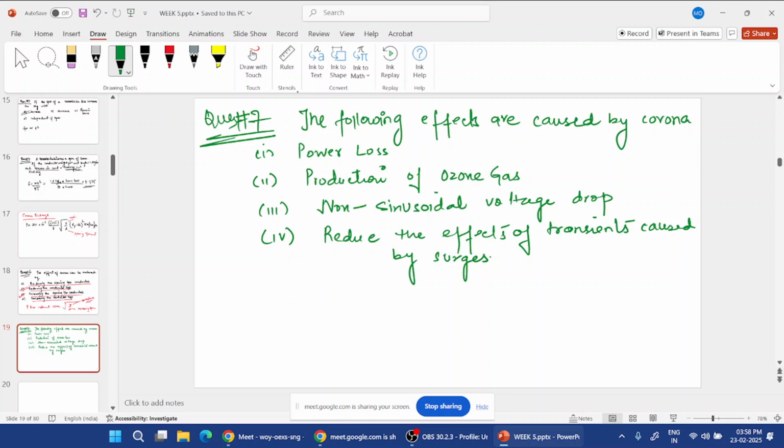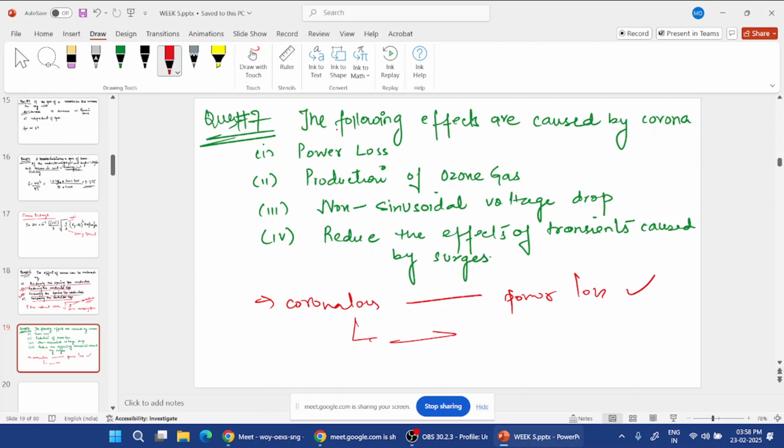First, one, two, three, four options दिए हुए हैं, not A and B. Power losses, okay. So क्या है कि first of all, corona losses क्या करते हैं? They do power losses. Okay. अब क्या होता है? Whenever there is a corona loss, you see there is a hissing sound.